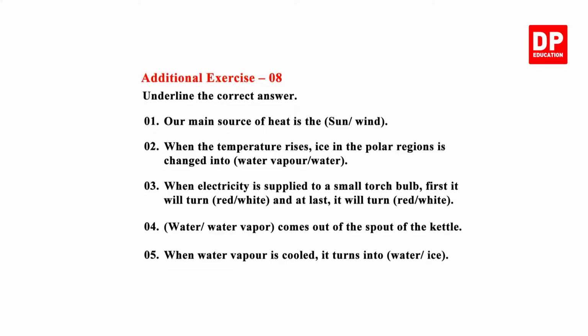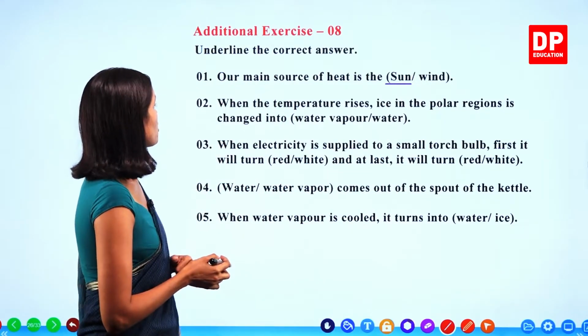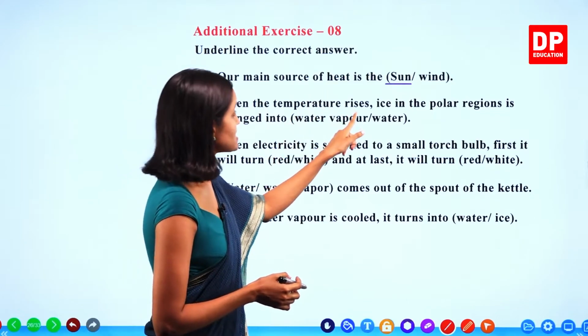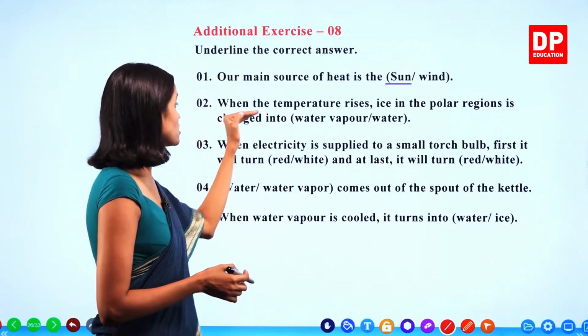Next one. Okay. Exercise number 8. Underline the correct answer. Our main source of heat is the sun. Right? Number 2. When the temperature rises, ice in the polar regions is changed into what?